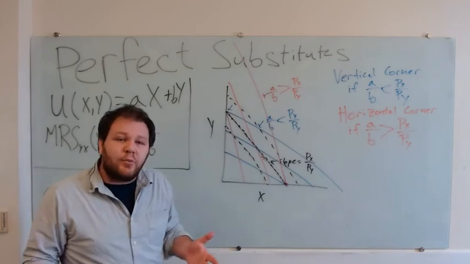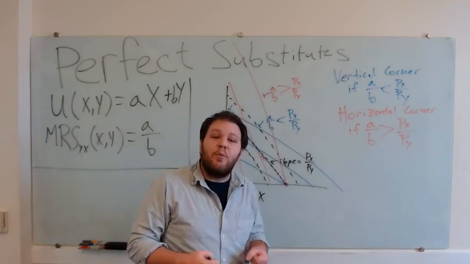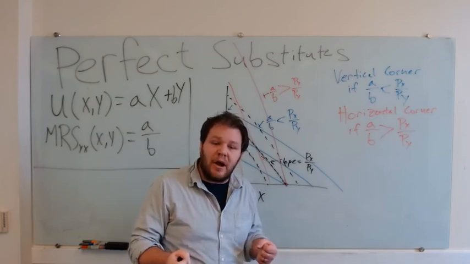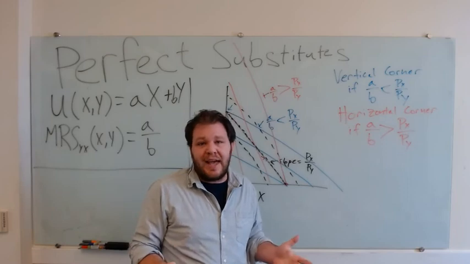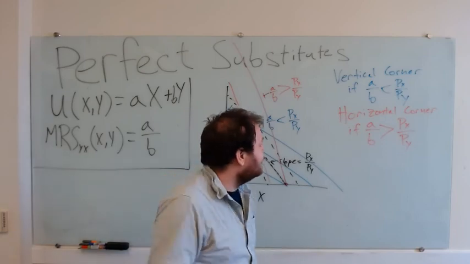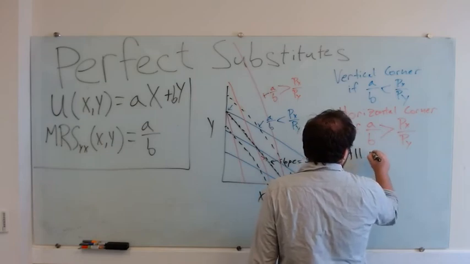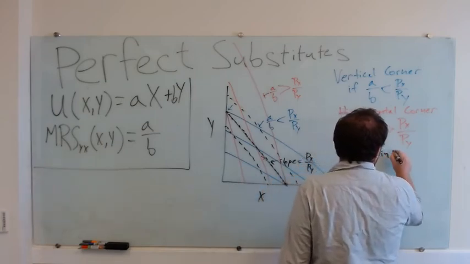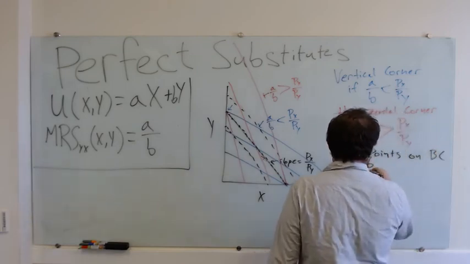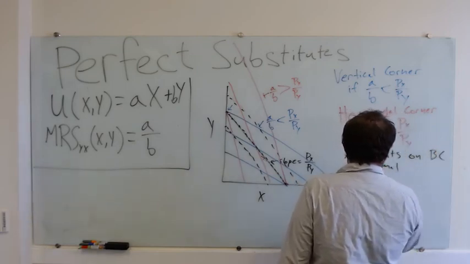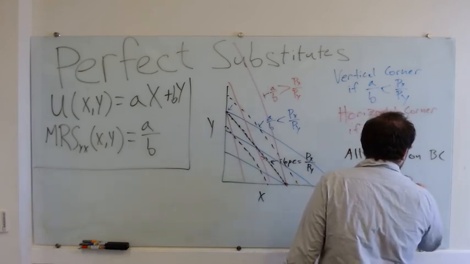In other words, if I can buy an oxybuck for $1 and I'm willing to trade one oxybuck for $1, then it doesn't really matter how many oxybucks I get and how many dollars I get. Any choice I make is going to be optimal. So any point on the budget constraint is optimal if A over B is equal to Px over Py.